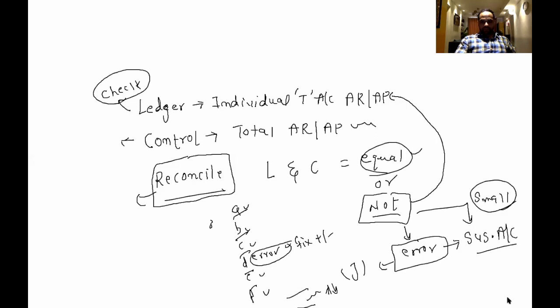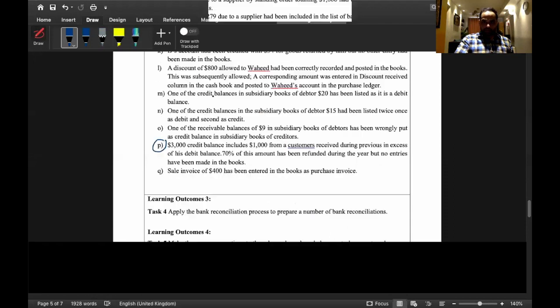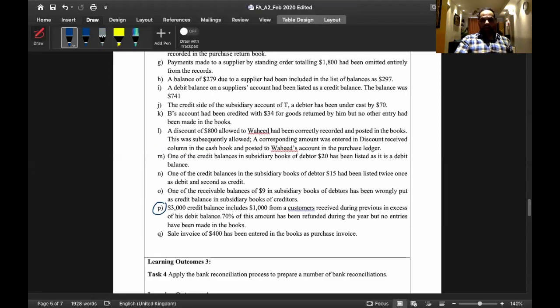How do you treat transaction number 9? Letter I. A debit balance of supplier accounts has been listed as a credit balance. The balance was 741. What does a debit balance of supplier mean? It means we're supposed to receive money, but we wrote it on the credit side.